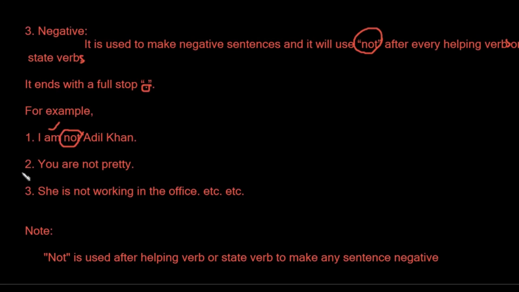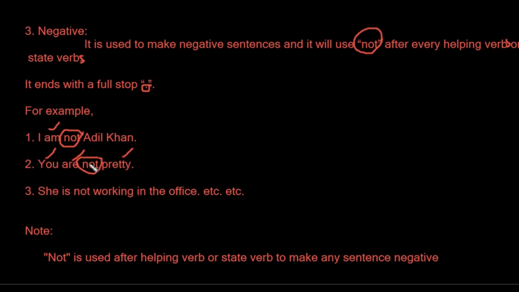Okay, the second sentence: you are not pretty. So you is a subject, are is a stative verb, not is a negative, and pretty is an adjective. And I also explained why we use noun and adjective and both after these stative verbs. So you can watch that video and you will understand these sentences.